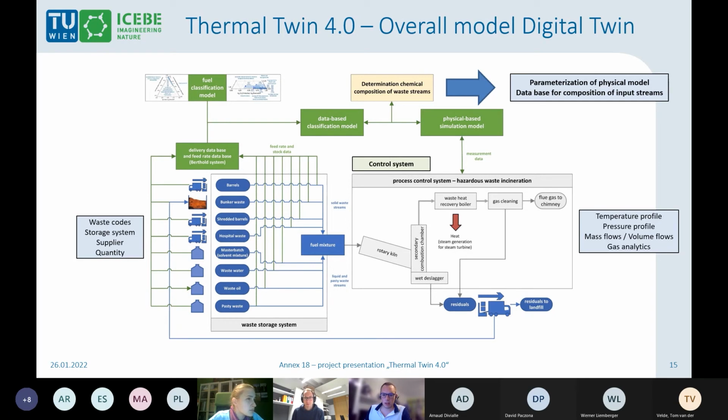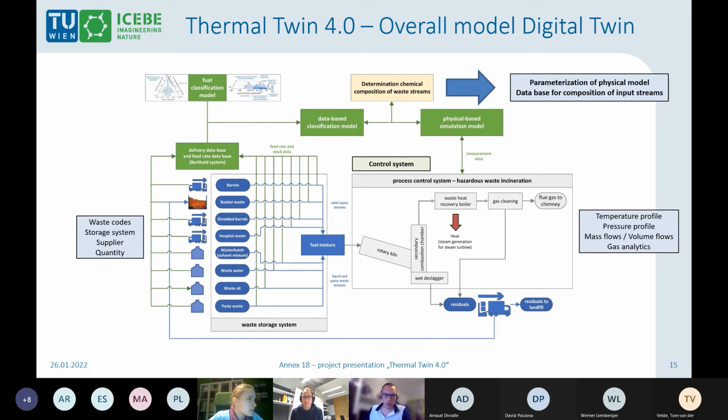And so this physical-based solver can figure out the time-dependent fuel mixture. Really, it's not a fuel mixture. It's our 7 lines which feed the kiln independently. But for the simulations, it's a thought fuel mixture.